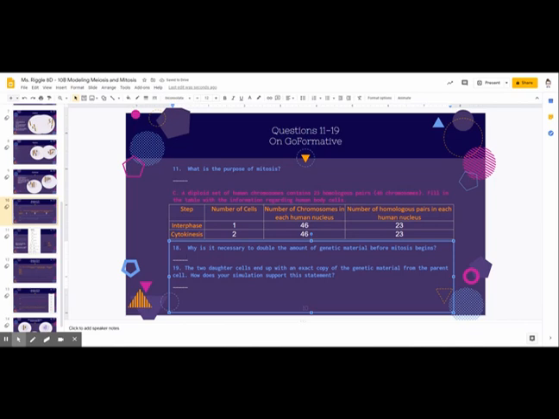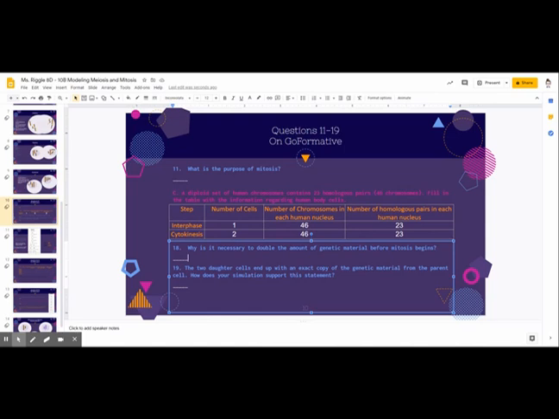So question 18, why is it necessary to double the amount of genetic material before mitosis begins? Go ahead and pause this video and think about that for a moment. Okay, hopefully you came up with some sort of answer that talks about maybe you need to have enough material to duplicate so that when you split, there's still enough left over.